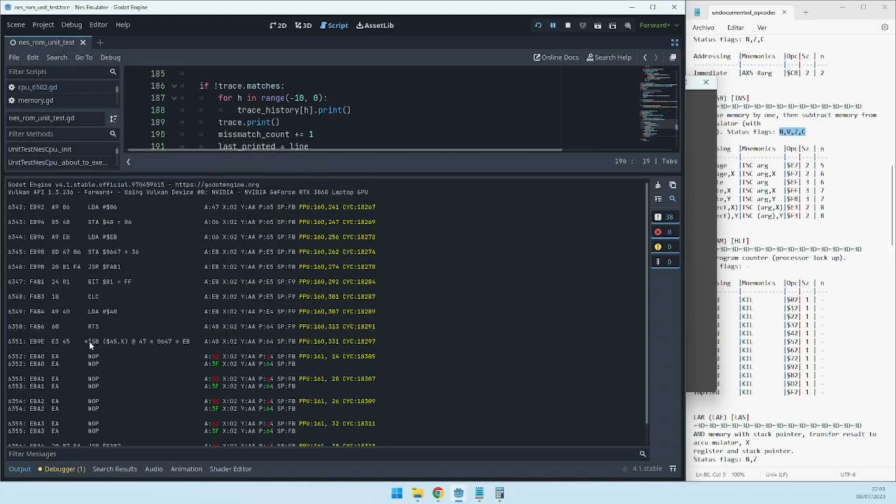So we implemented ISB and it was supposed to increment the memory and decrease the accumulator. But why the hell did it jump from 40 to 53? How did that happen?